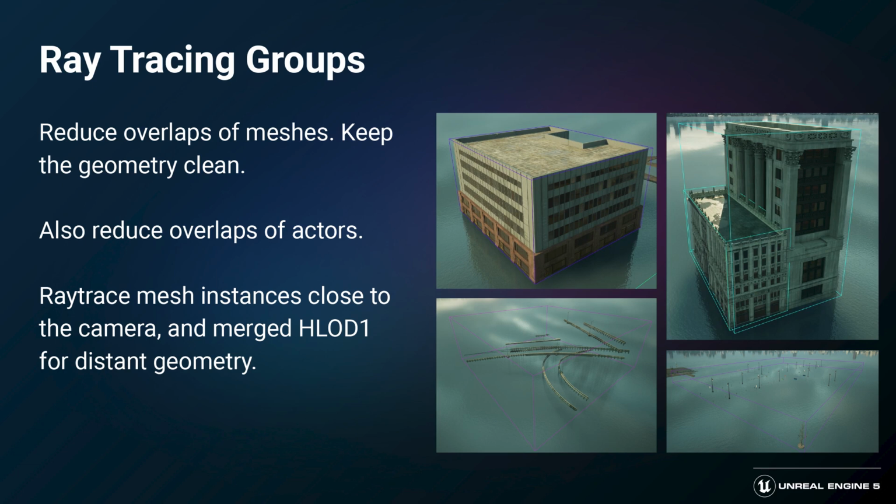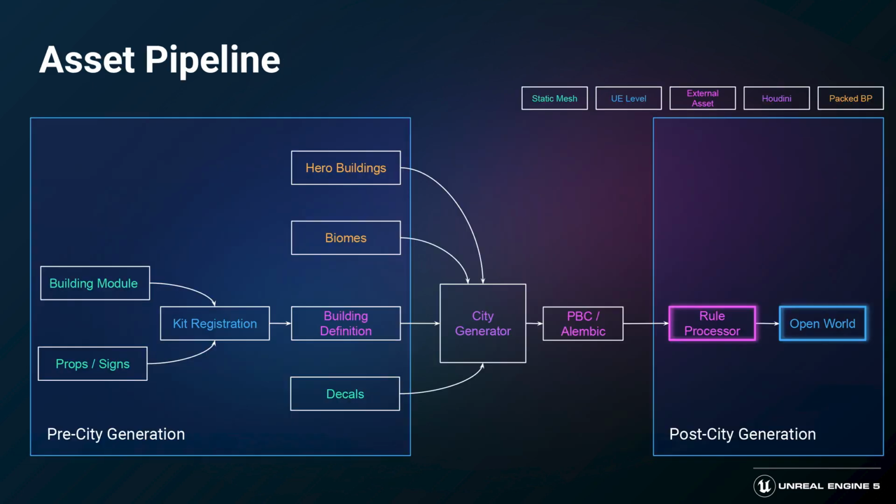Hardware ray tracing gets slow when meshes are kit-bashed together and have lots of internal occlusions and penetrations. We booleaned all of our building modules to remove any dirty geo. Lumen traces mesh instances close to the camera, and then relies on HLOD 1 for everything else, allowing GI over huge distances. Now that we understand open world, it's time to set up the rule processor and spawn the city.